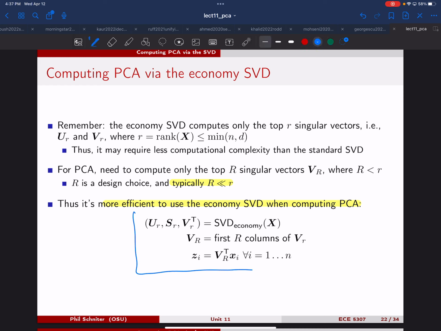So this is a summary of how we're actually going to implement PCA. Data matrix, economy SVD. Focus on V, keep only the first R columns of it. That is our dictionary matrix, and that is how we can compute our code vectors, or latent vectors.